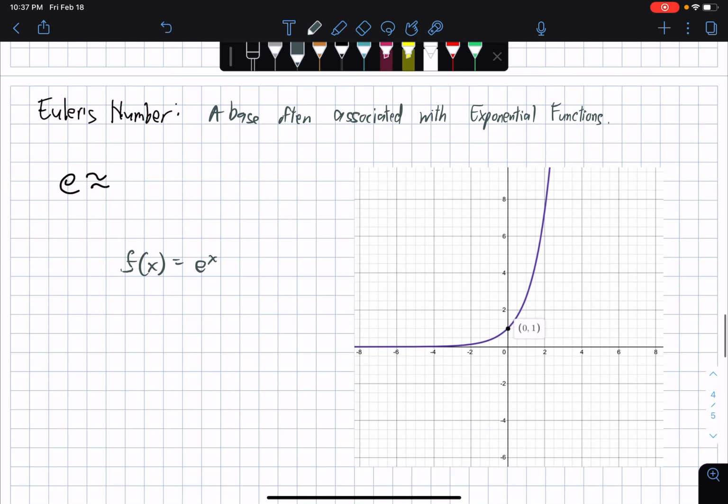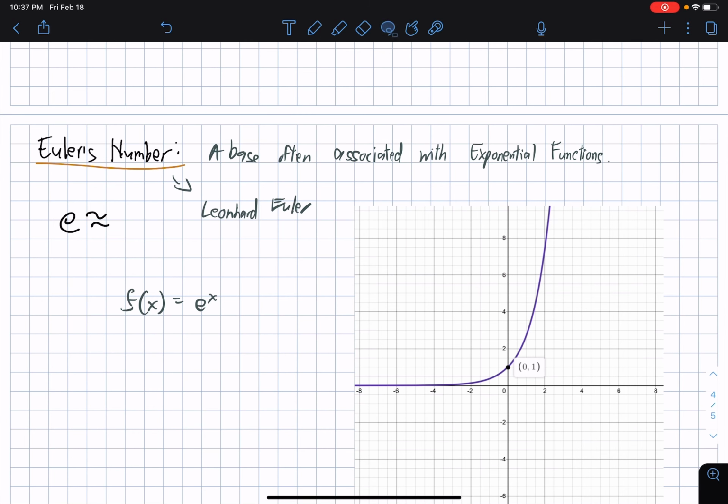So I'll introduce to you Euler's number. I used to pronounce this differently, but I realized that it's pronounced "Oiler's number", as Euler is a German surname. Euler's number was proposed by the Swiss mathematician Leonhard Euler, centuries ago.